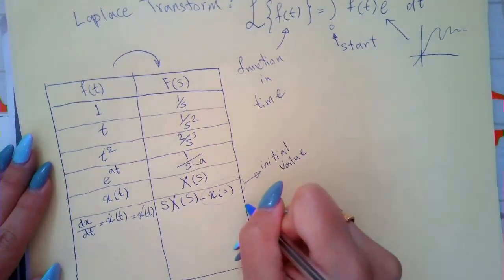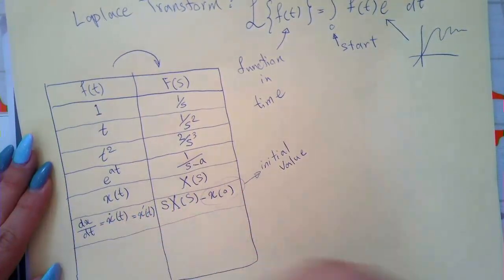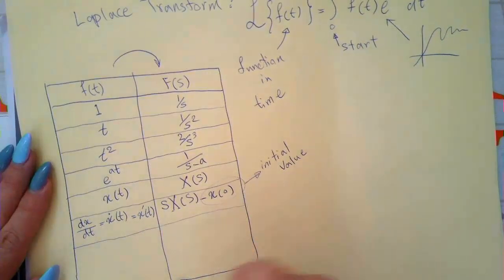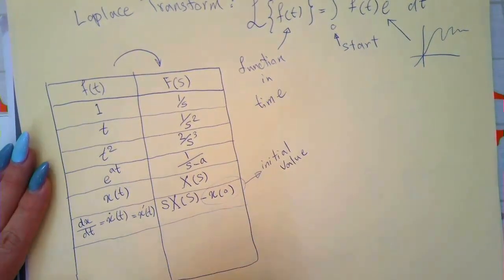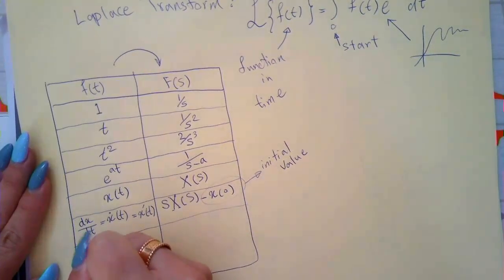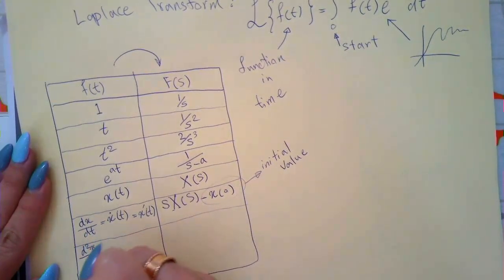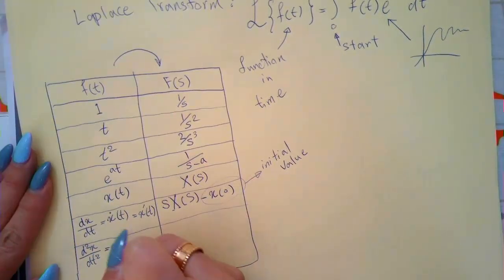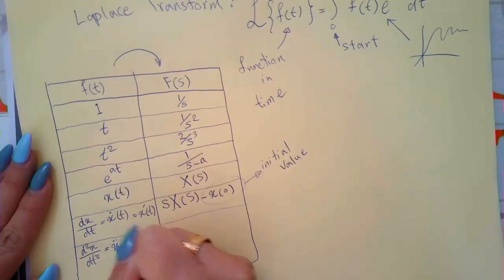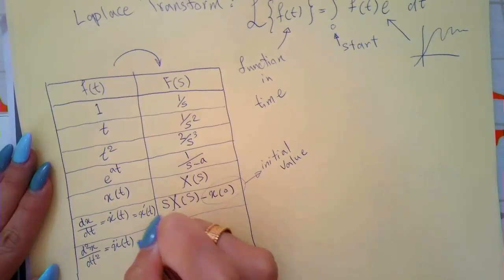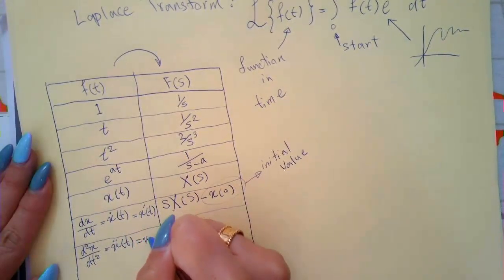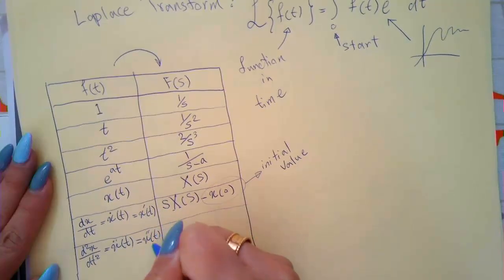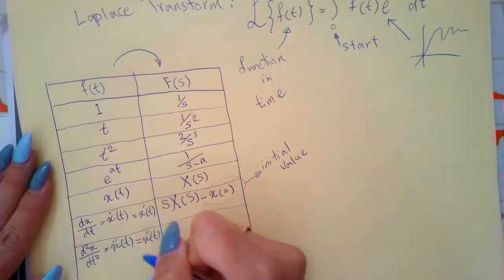Now another common equation that you can see has a second derivative. So the second derivative of x with respect to time, we can show with x double dot. Again, we are looking at time, and also you can have double prime. They are referring to the same thing, second derivative.